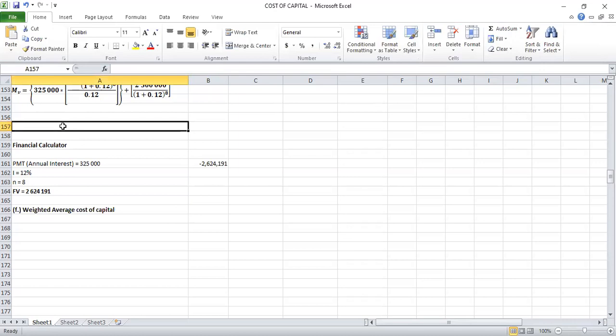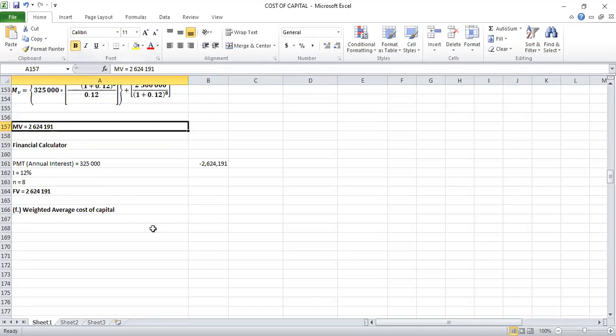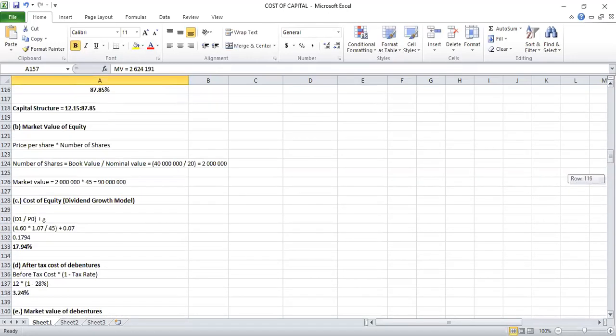Then I'll just say market value is equal to 2,624,191. That's the correct answer. Thank you, Roshan. Right, then we do our table format, which we used sometime last week.